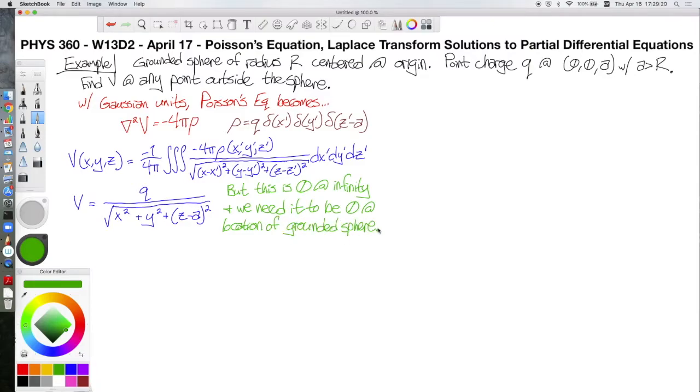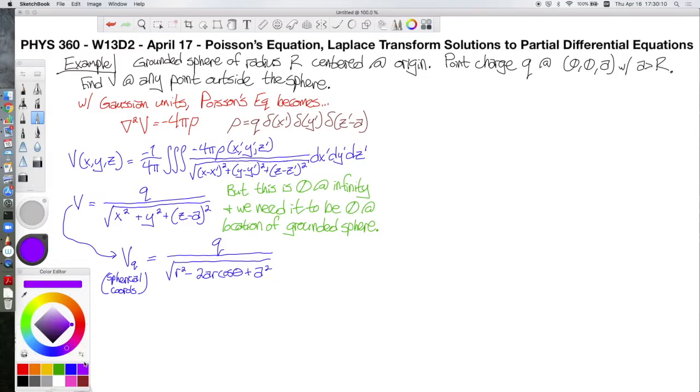So briefly, I want to rewrite V in spherical coordinates and give it a different name, because this is not going to be our final answer anymore. We are going to call this V sub q, and in spherical coordinates, that looks like the following. V sub q is equal to q over the square root of r squared minus 2ar cosine theta plus a squared.